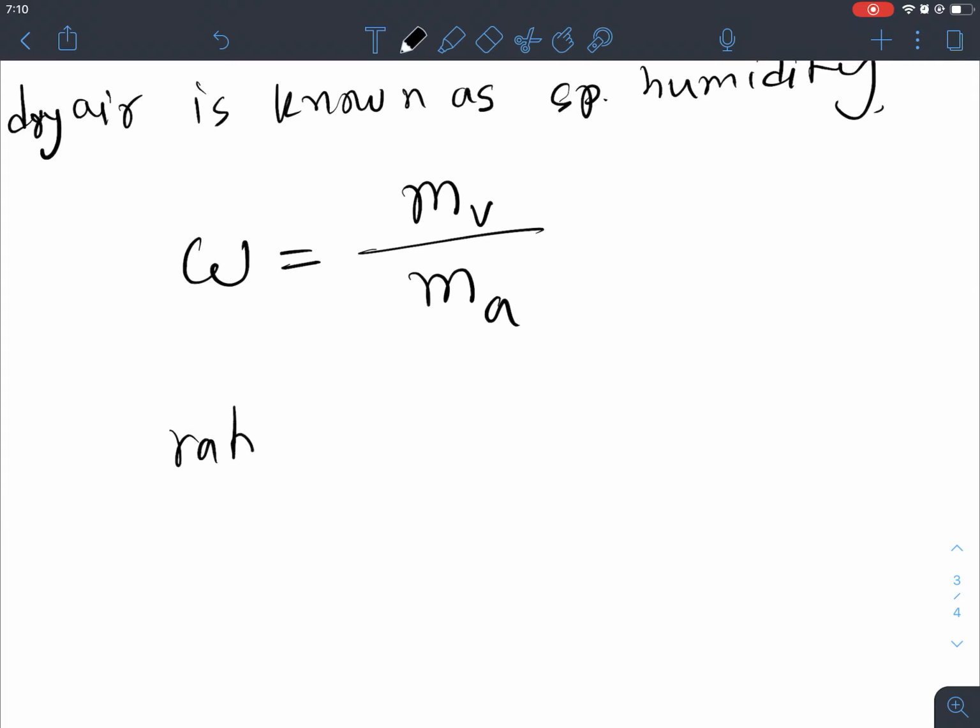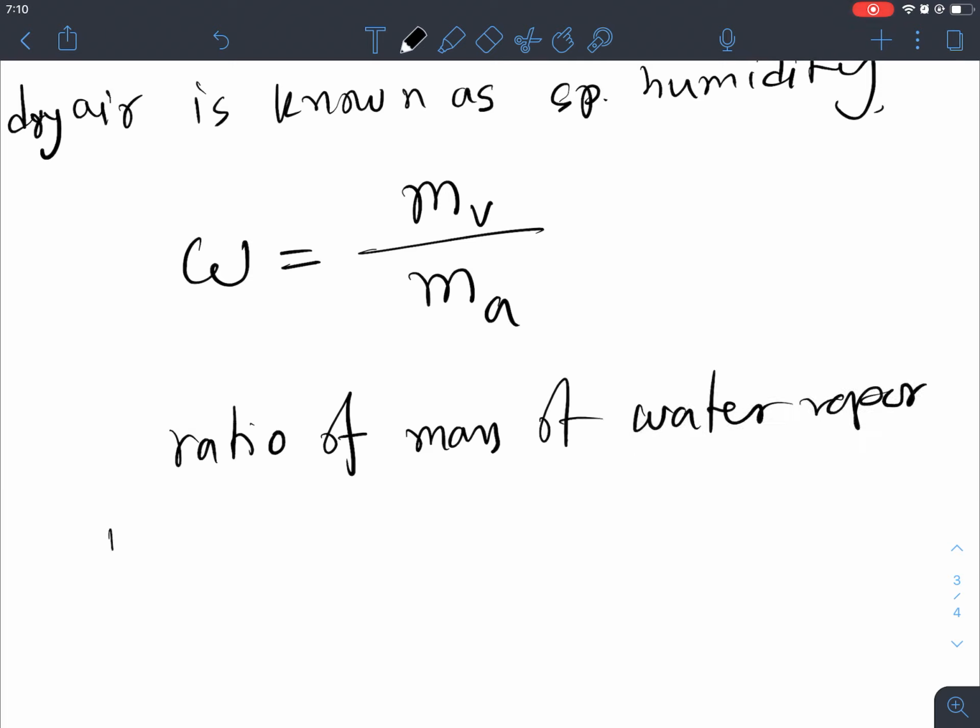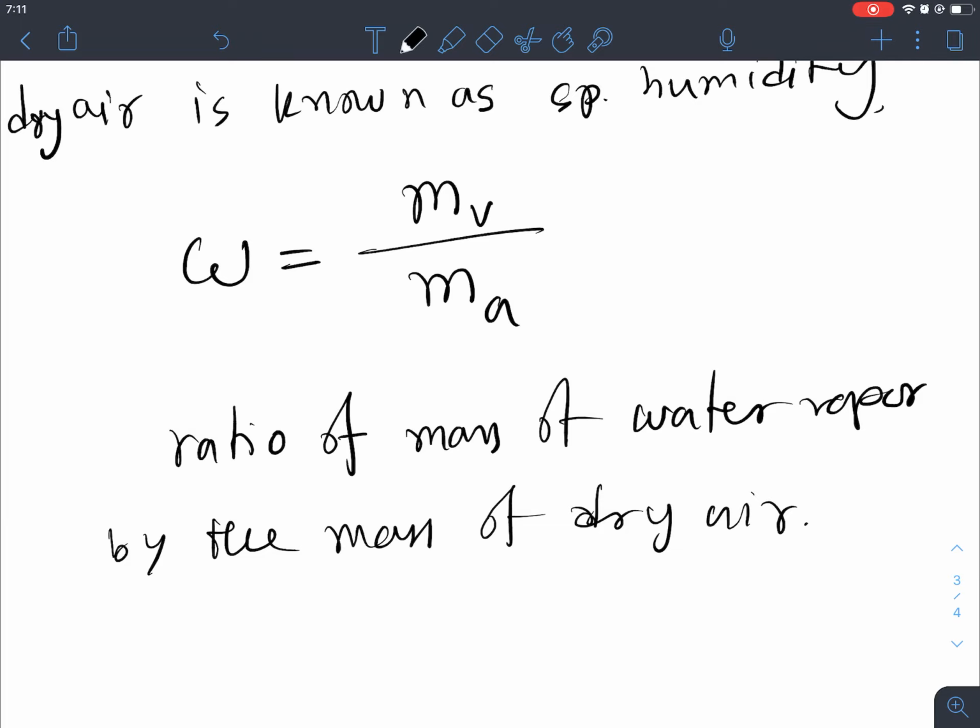So it's nothing but the ratio of the mass of water vapor by the mass of dry air, right?